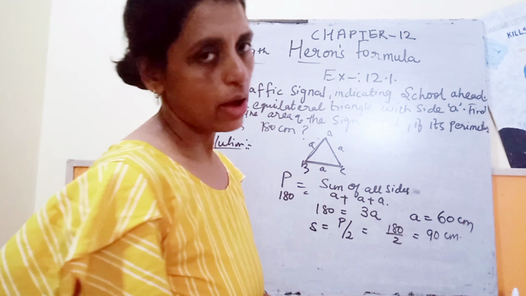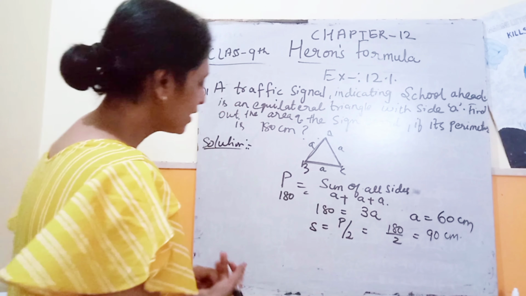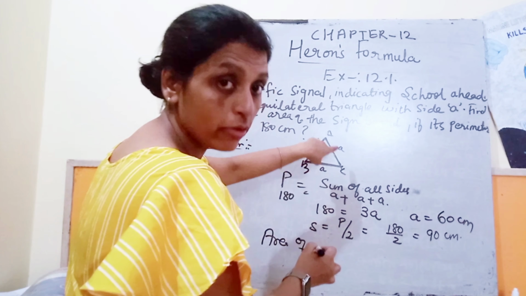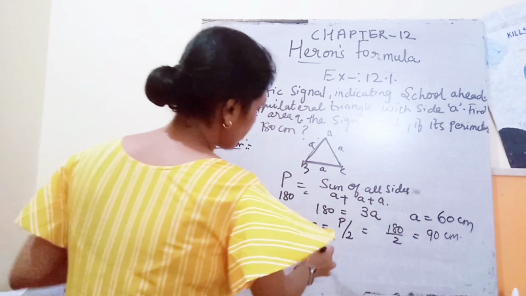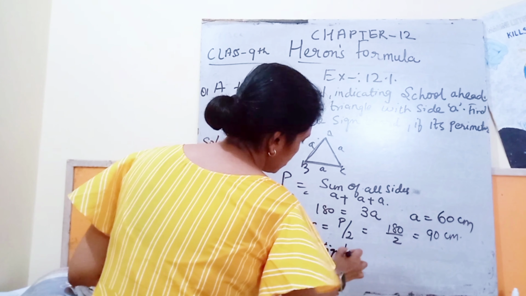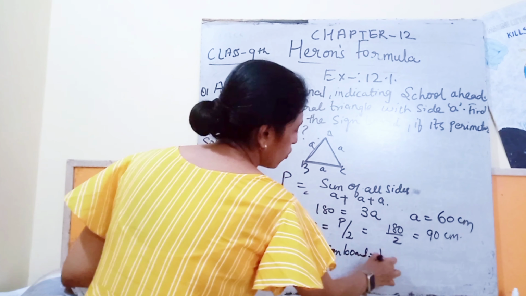Now we have to find the area of this signboard in the form of an equilateral triangle by using Heron's formula.